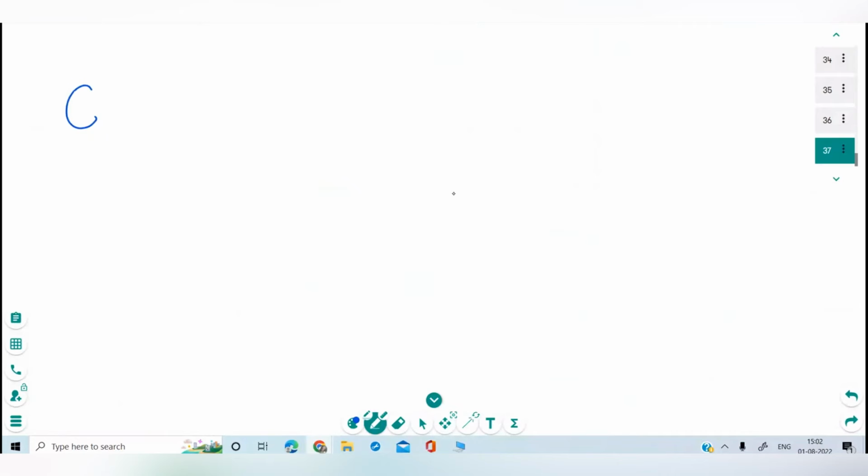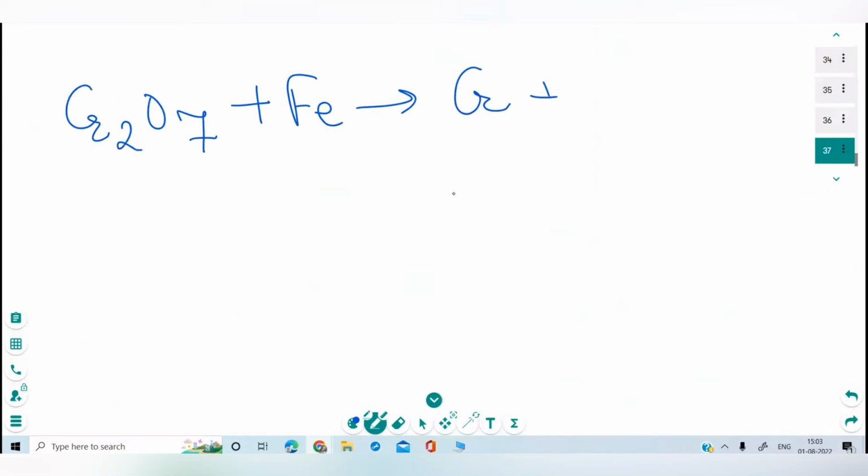See, we will say Cr2O7 plus Fe will give you Cr plus Fe. Okay. So now you know that iron can exhibit +2 +3, or it can be +3 +2. You don't know. It can be either way. So first, to remove the confusion, iron we already know. We will start off with chromium.